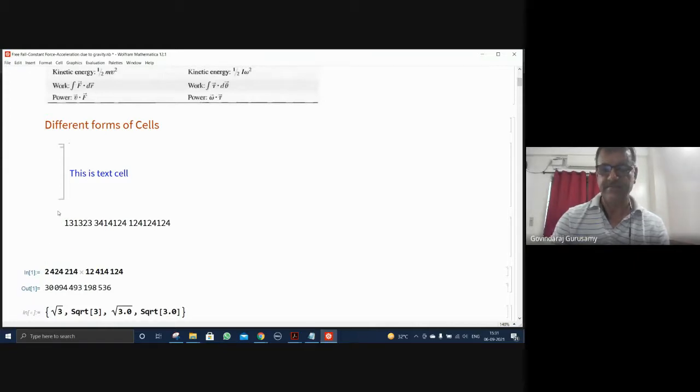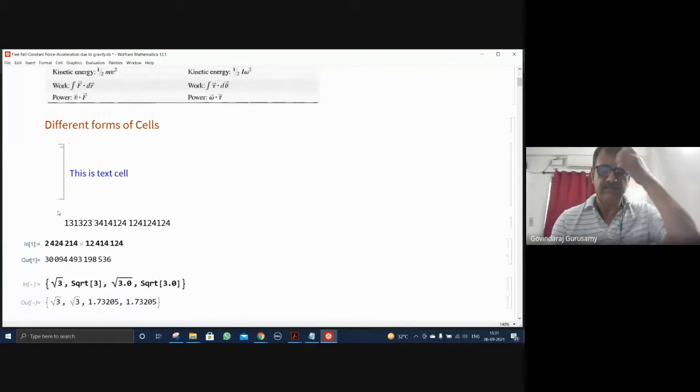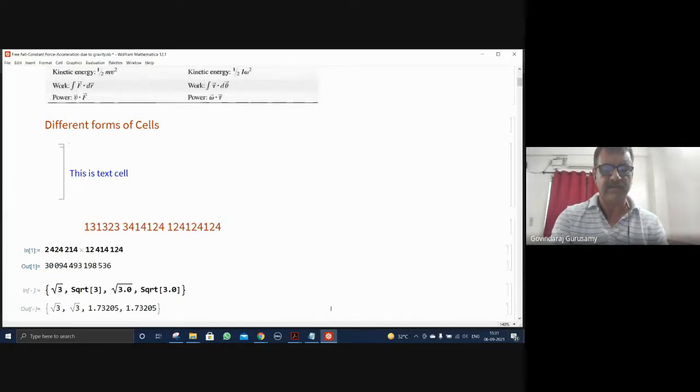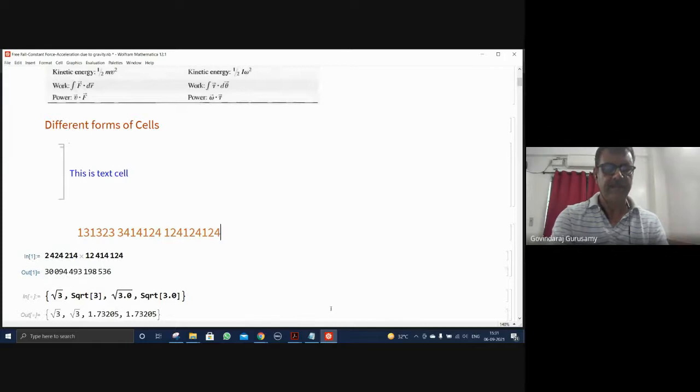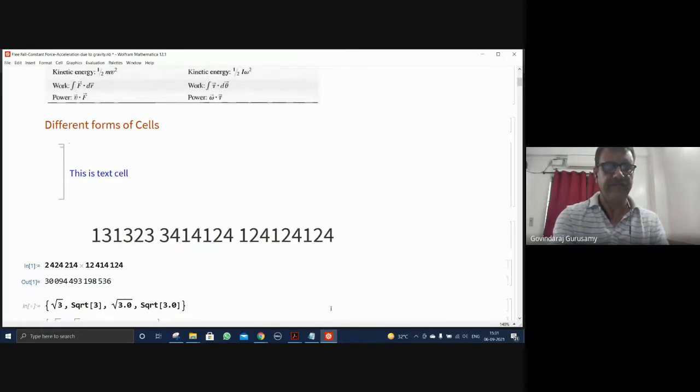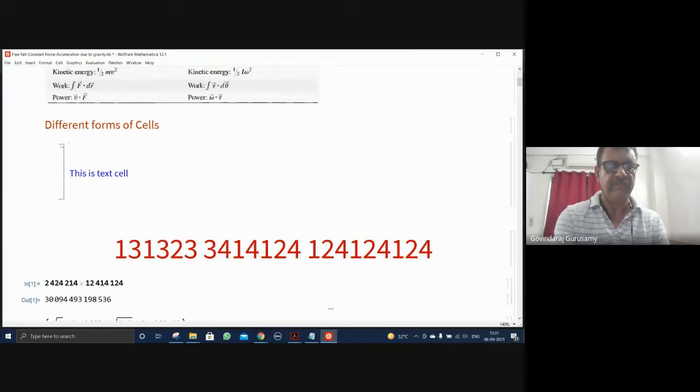Shift enter is the operation to execute your input. So this is the text part, which can be Alt F7, it can be Alt F6, F5, F4, F3, F2, F1. Okay, various levels. It goes to various levels.